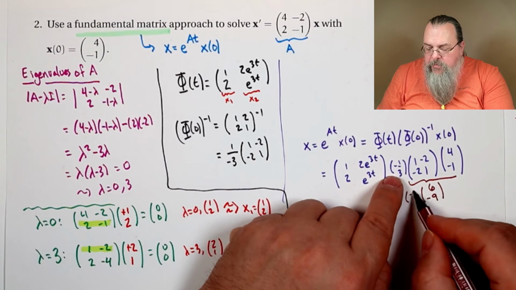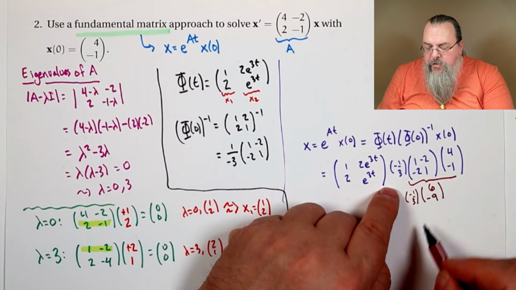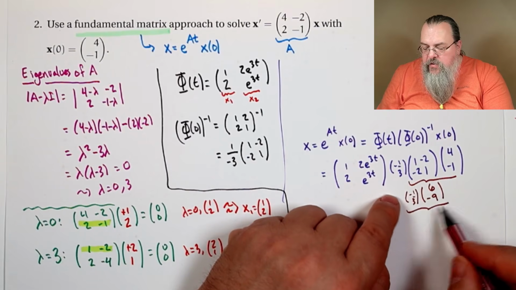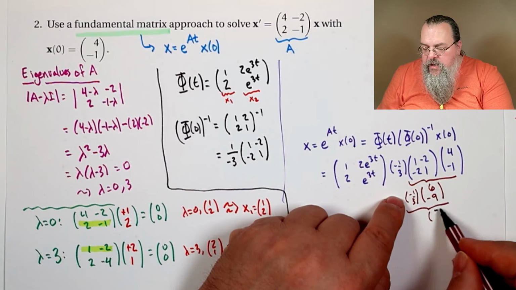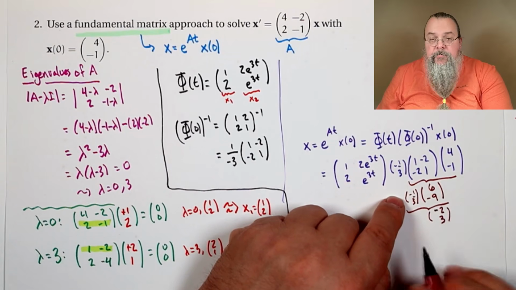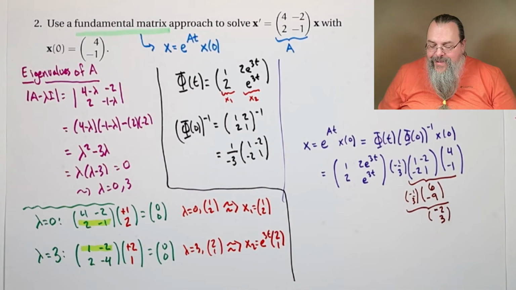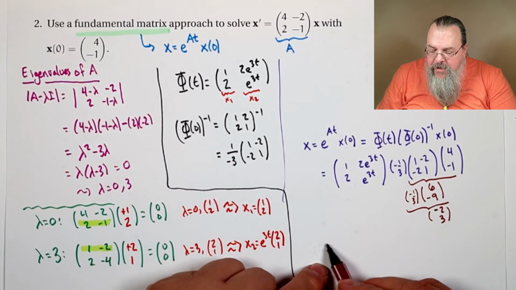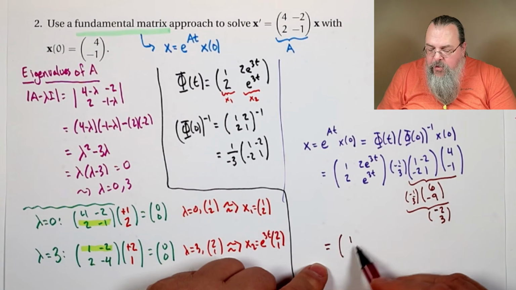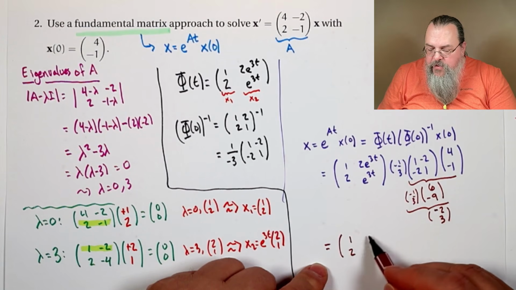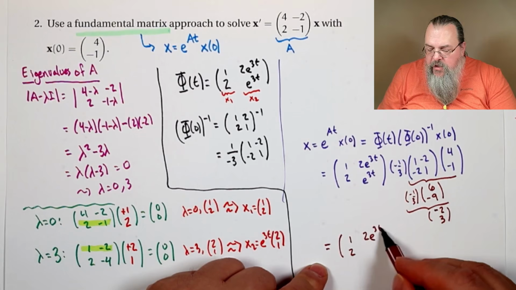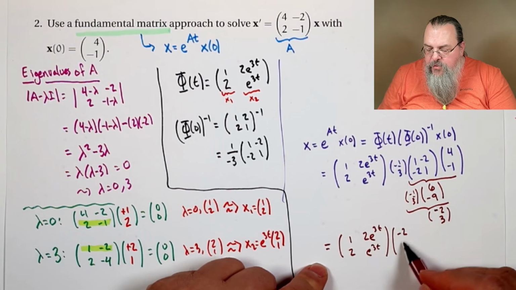Then there's this negative 1/3 that we can throw in front, and so this becomes a minus 2, 3, once we multiply that through. So, updating, we need to take 1, 2 for the first column, 2 e to the 3t, e to the 3t, second column, times negative 2, 3.